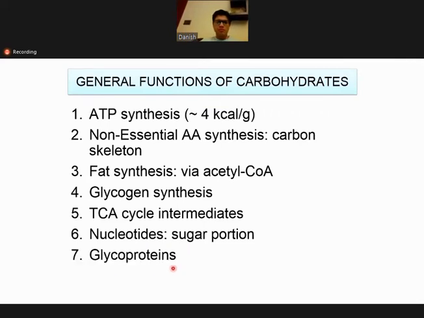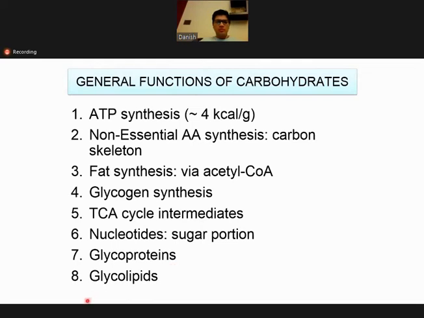Then we have glycoproteins, proteins bound with different carbohydrate residues such as glucose and galactose, and they have diverse functions in the body.